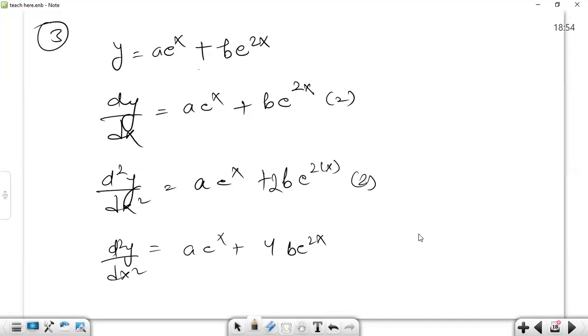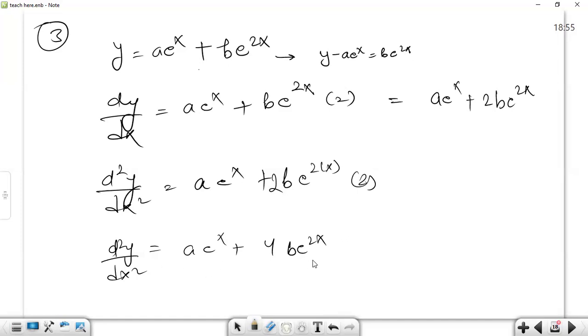Right? Yes, sir. So how can we do that? One option is this can be represented as e raised to power 2x. So we'll try to eliminate from here. So y minus a e raised to power x has become b e^2x, right?